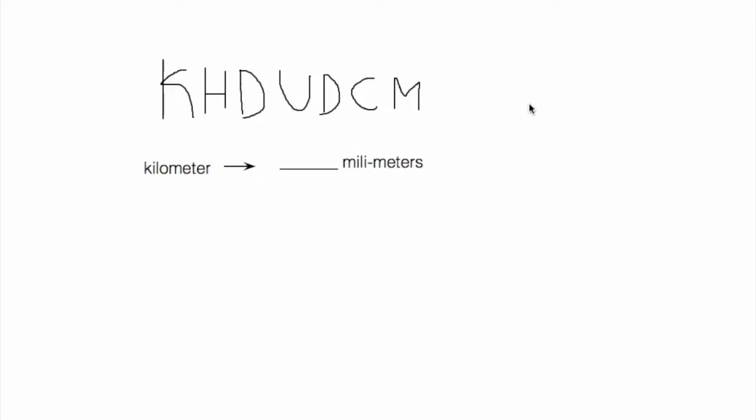So in order to solve these problems, you want to convert from a unit, say a kilometer, to another unit, say a millimeter. So you would look at the first half of both our words, kilo and milli. These two go along with the king and the milk slot on our acronym.